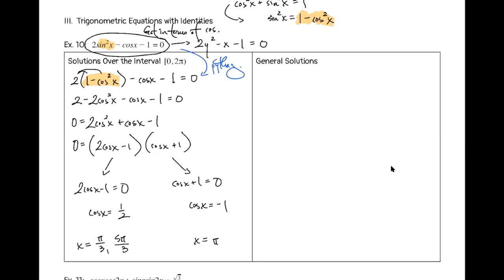All right. So from here, the general solutions, we can do a quick check, but I don't think any of these are collapsible into exactly halfway around the unit circle. So we'll have to write out each one as an individual solution or set of solutions.